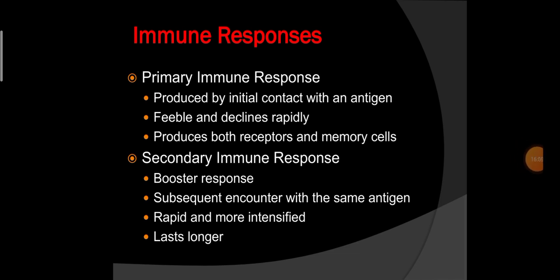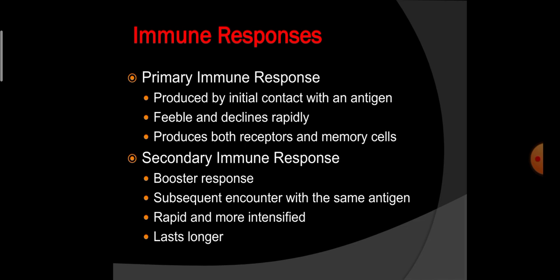Okay. Next is the immune responses. Based on the antigen, there are different actions taking place. What kind of immune responses are shown in the body? There are two types: primary immune response and secondary immune response. Primary immune response is produced by the initial contact with the antigen.